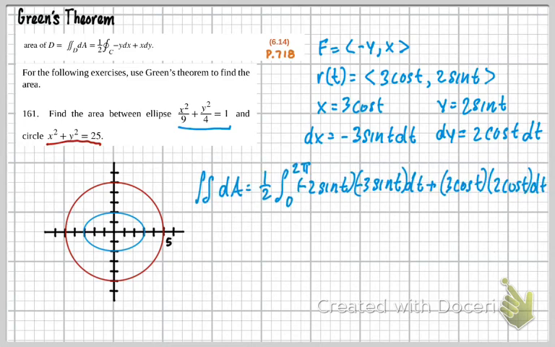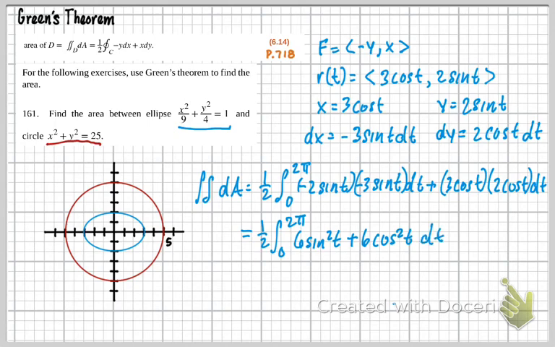So now I can put all this together. So this is going to be 1/2 the integral from 0 to 2 pi. And this here is going to give me 6 sine squared t dt. But I'm going to pull the dt in the end there, so I'm not going to worry about it here. And then this component here, that 3 cos t times 2 cos t, is going to be plus 6 cosine squared t and dt on the end here.